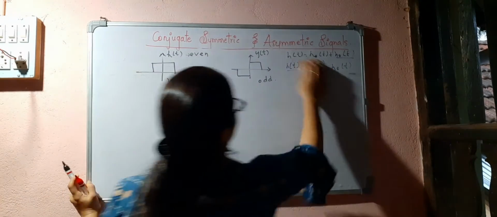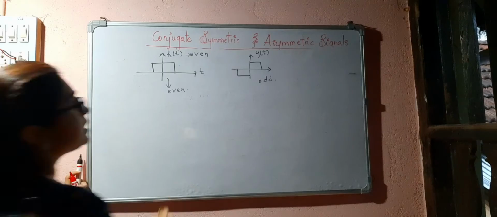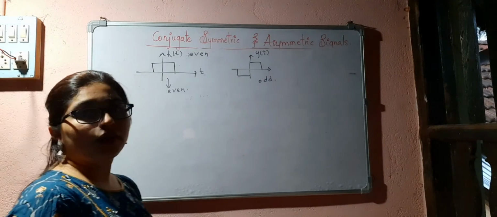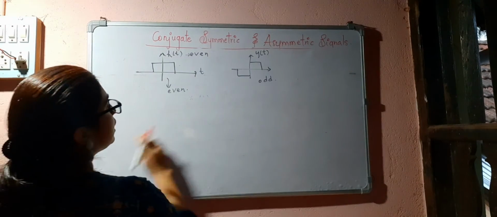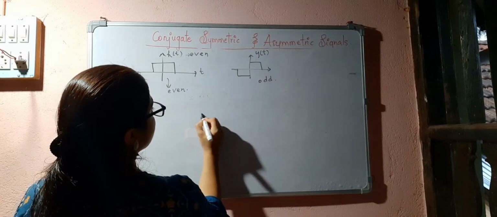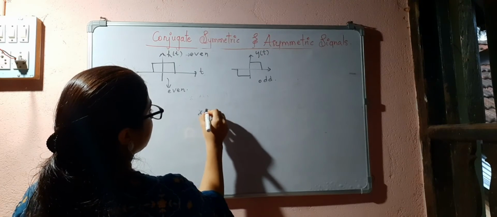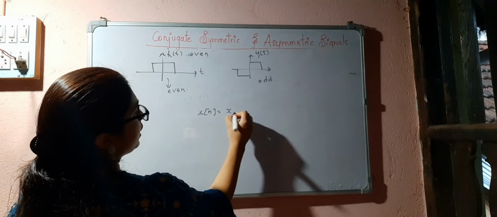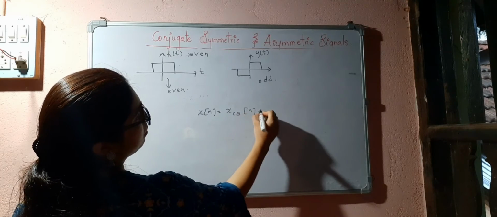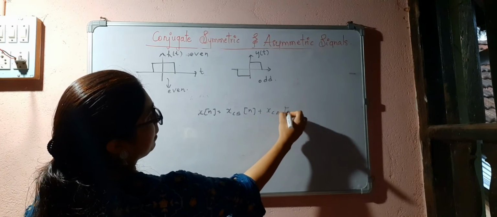This is how we will be finding the conjugate symmetric and the conjugate asymmetric part. Similarly, for discrete time signals also, x of n is equal to x conjugate symmetric plus x conjugate asymmetric part.